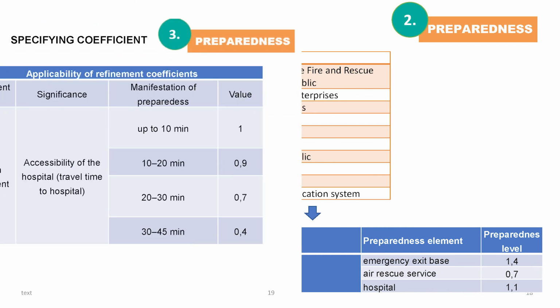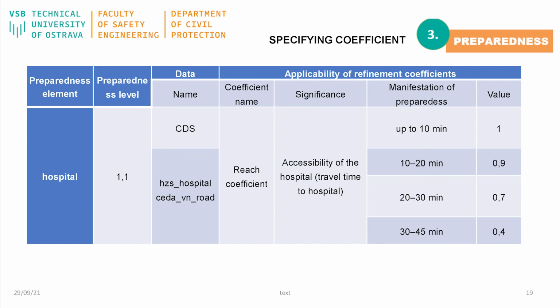And next is the specifying coefficient. For example, I had the hospital. Here is the preparedness level, the data name, which is significant. And here is how much time you need to transport the people to the hospital.